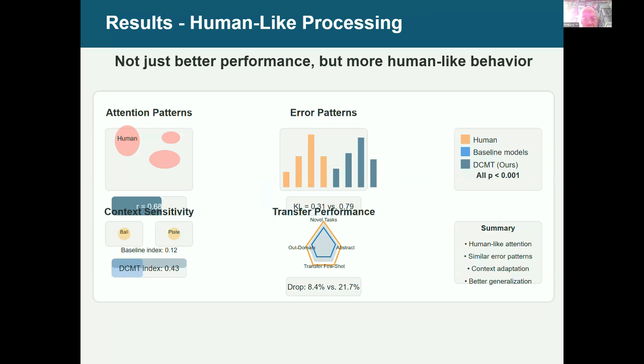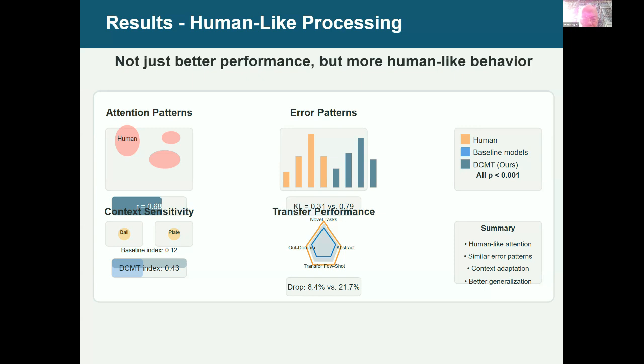We also analyzed how our model's behavior compared to human cognitive patterns. These four panels show different aspects of this comparison. The attention panel shows that our DCMT model's attention patterns align much more closely with human gaze distribution than baseline models.